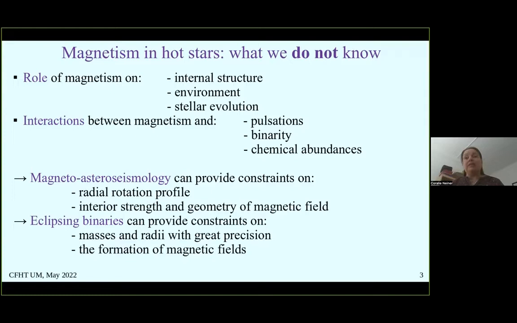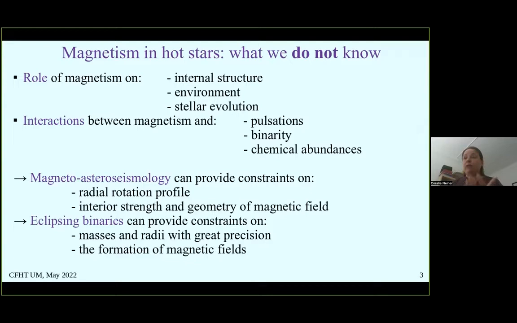But it also gives us information about the magnetic field inside the star. All we can observe with ESPaDOnS is what happens at the surface, but we also want to know the magnetic field strength and topology inside the star. We can also look at binaries, and in particular eclipsing binaries, because then we can get exquisite parameters for masses and radii, and we can understand the formation of magnetic fields.